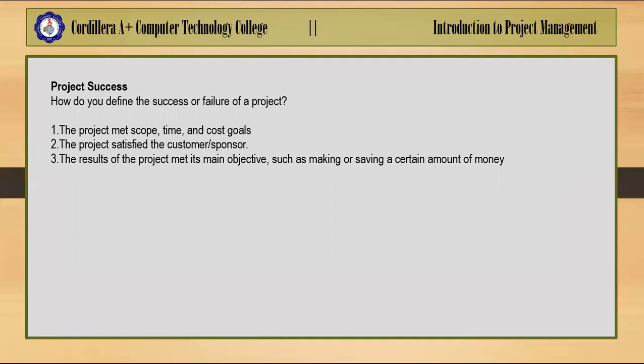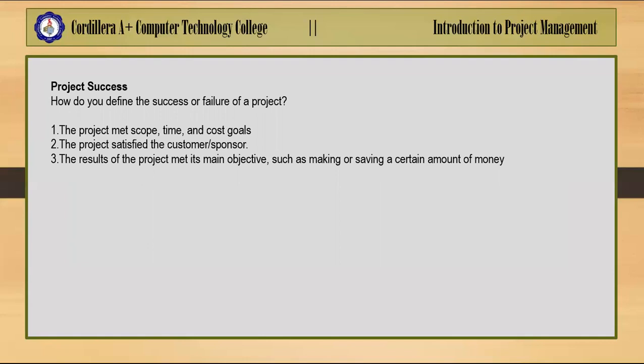So yung list that follows outlines yung common criteria for measuring the success of a project using yung example upgrading. So for example, number one, you have here that the project met scope, time, and cost goals. So for example, in a successful project upgrading 500 desktop computers within 3 months for $300,000, sana.